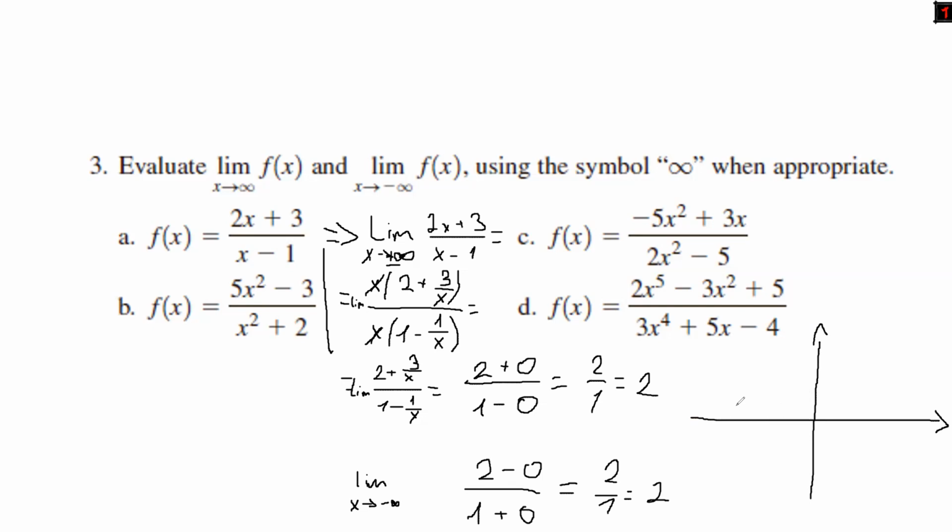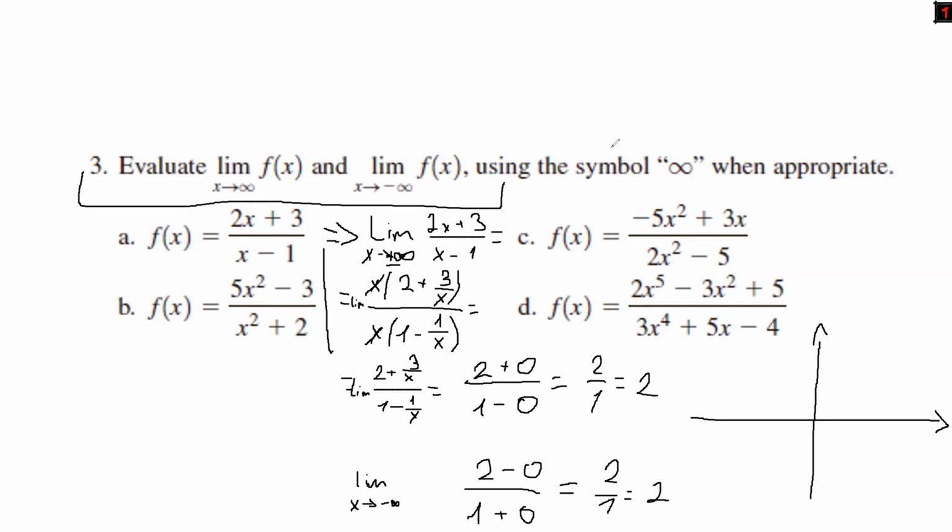Horizontal? Yes, absolutely, because remember, horizontal asymptotes happen when x tends to infinity. That's why we have this exercise. This exercise basically shows us how to look for horizontal asymptotes.